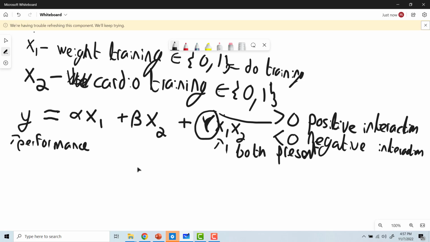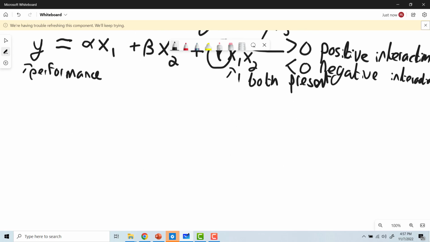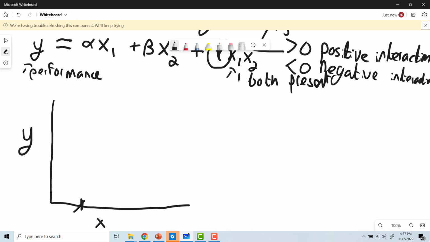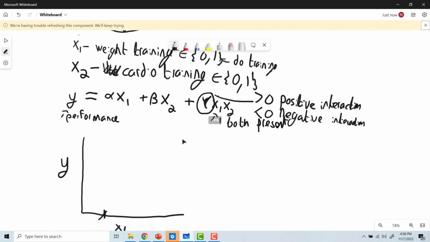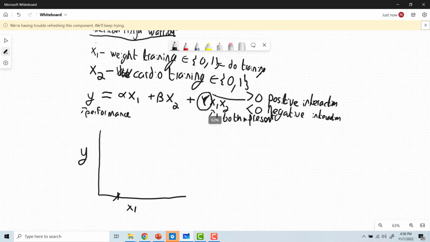So let's just draw this in a little graph, and we'll use a few colors. The y is going to be my performance metric here. And this is going to be my x1, my weight training.